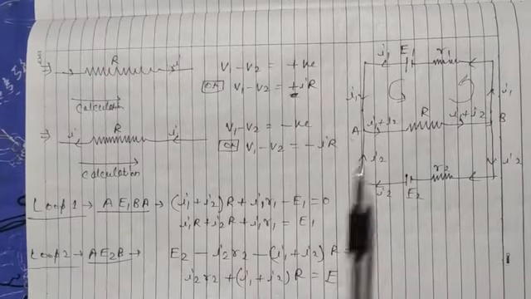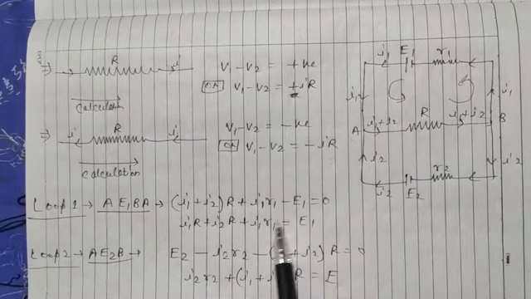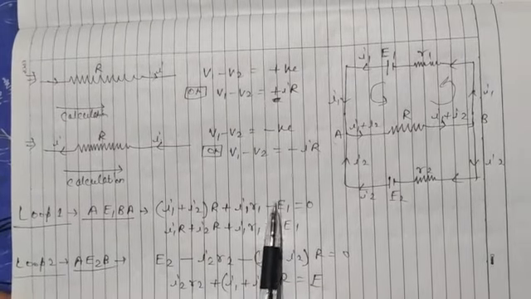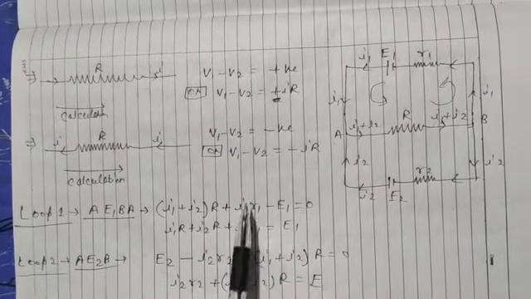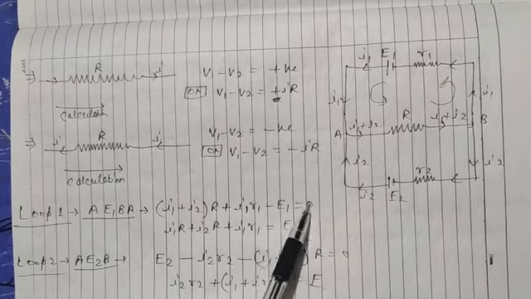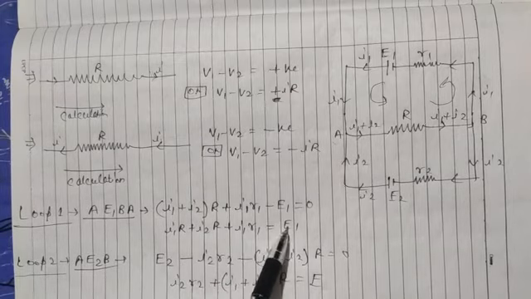So the sign of the potential of this cell, the electromotive force, is minus E1. And according to Kirchhoff's second law, the sum of all potential differences is equal to 0. Solving this, we can write I1 plus I2 times R plus I1R1 is equal to E1.